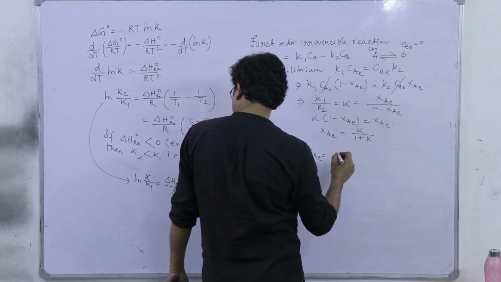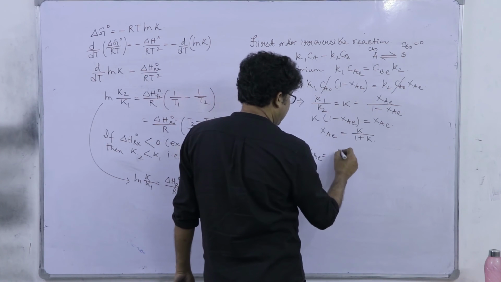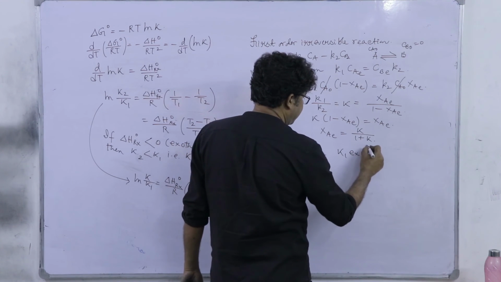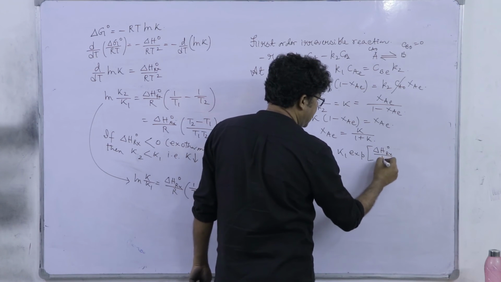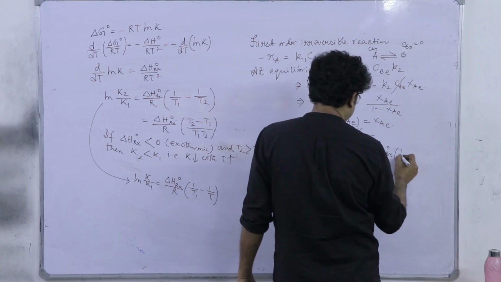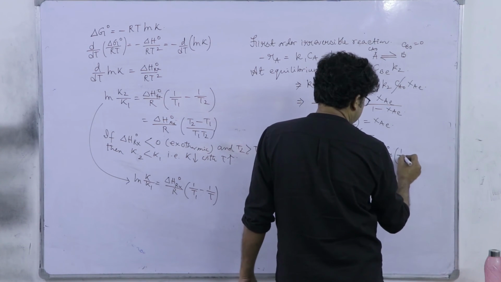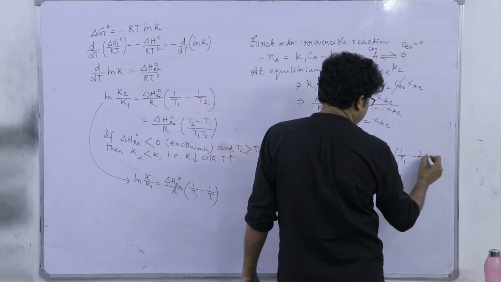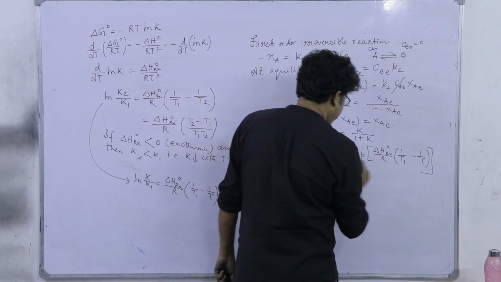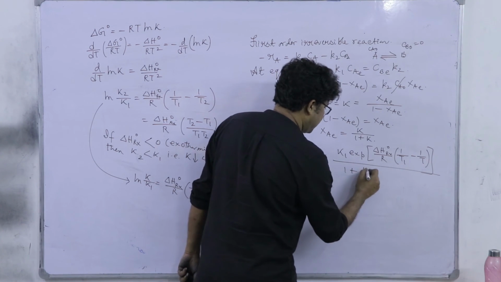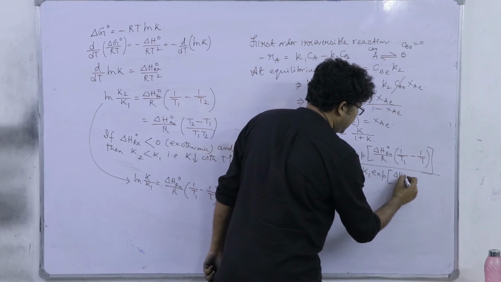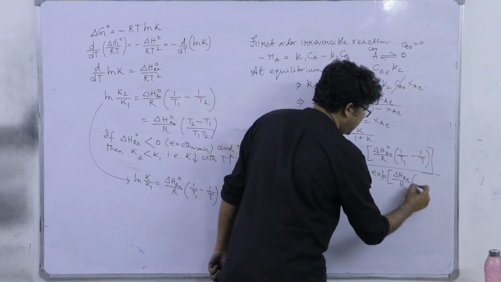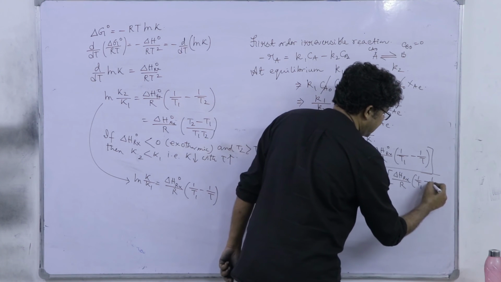This will be K1 into exponential of delta H Rx naught by R, we have discussed it in this problem, of (1 by T1 minus 1 by T) divided by 1 plus K1 into exponential of delta H Rx by R (1 by T1 minus 1 by T).